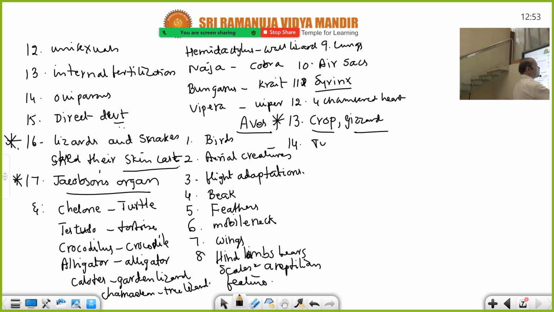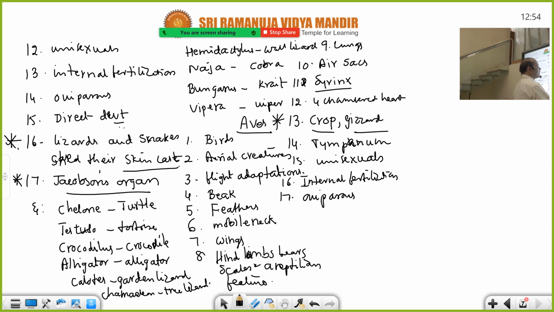Then tympanum here also, here the ear is represented by tympanum. And these are also unisexual, internal fertilization, oviparous, exclusively egg laying, and direct development, no larva.